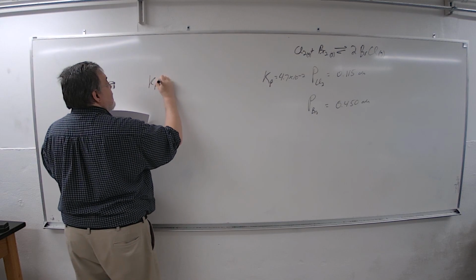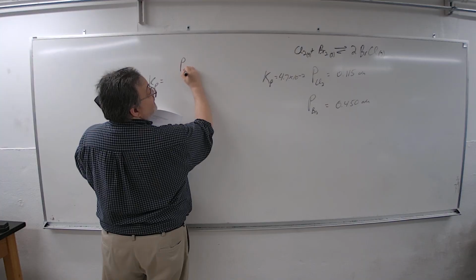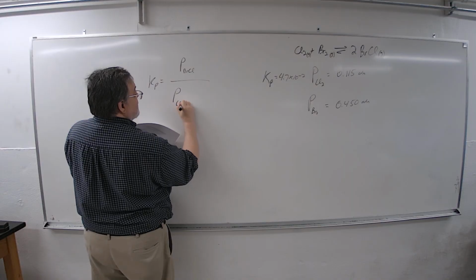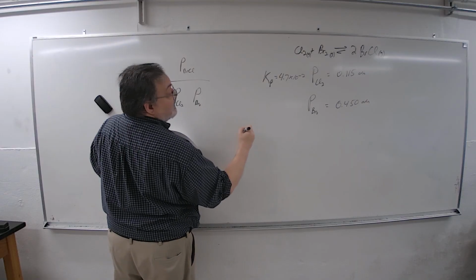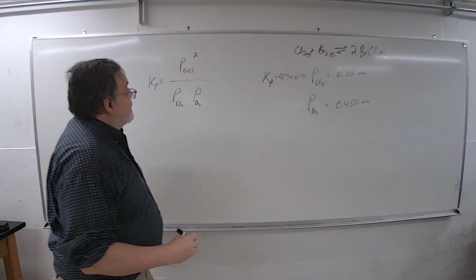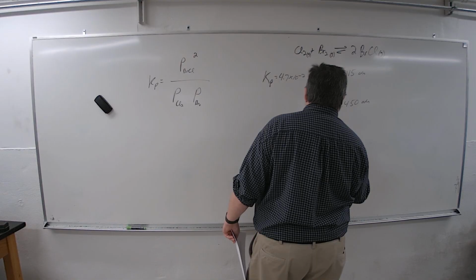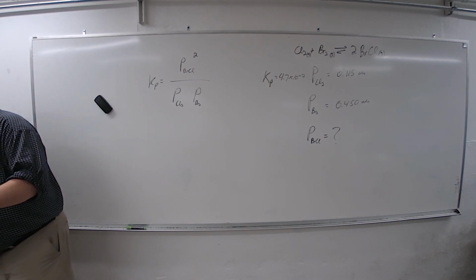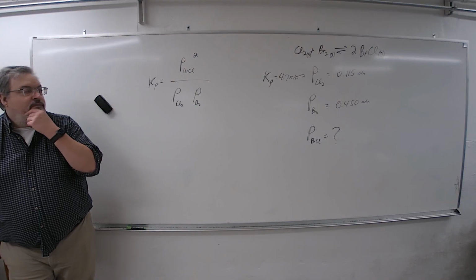And it's just Kp equals partial pressure of the products over partial pressure of Cl2 times partial pressure of Br2, and yeah, you square that, and that's what we're solving for again. So you're going to have an x squared again. The Kp is just for gases, and you can find that because you've got partial pressure of everything.